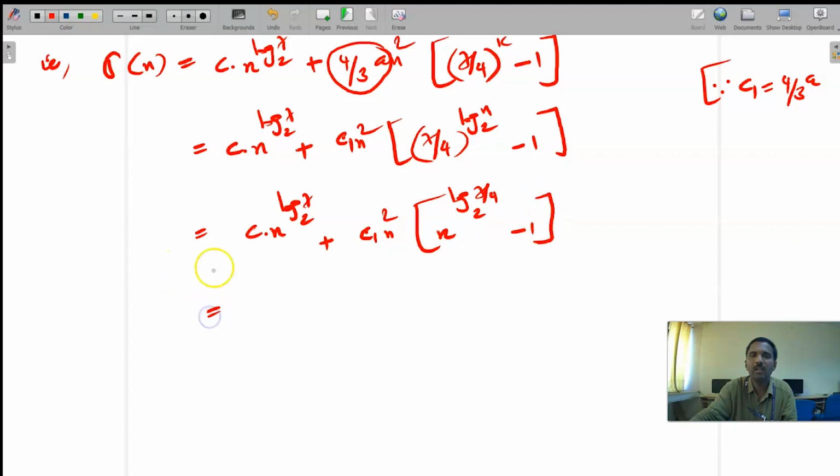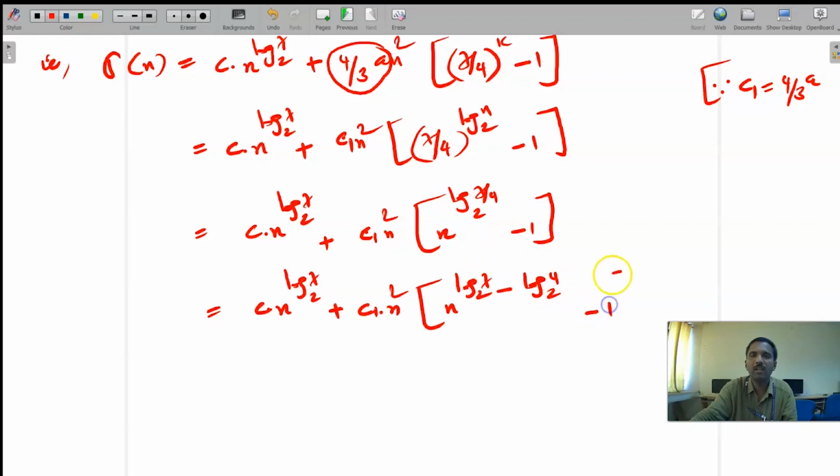Simplifying here at this stage, c into n power log 7 base 2 plus c1 into n square. This is simplified here, n power log 7 base 2 minus log 4 base 2 minus 1.